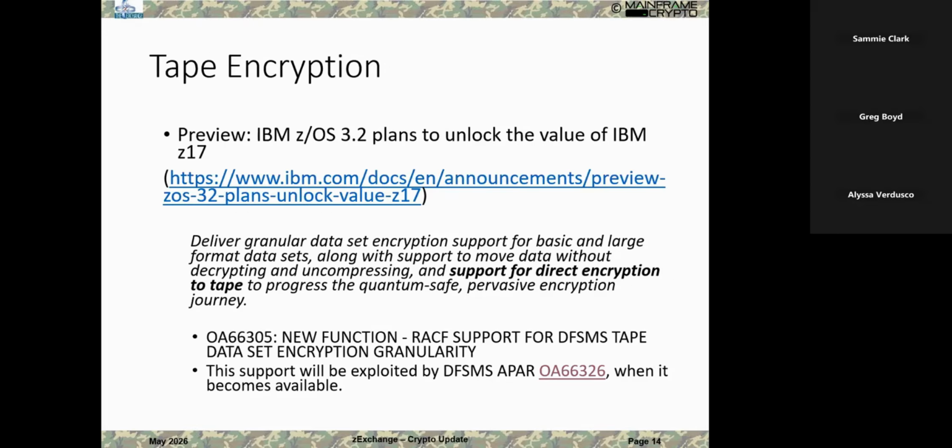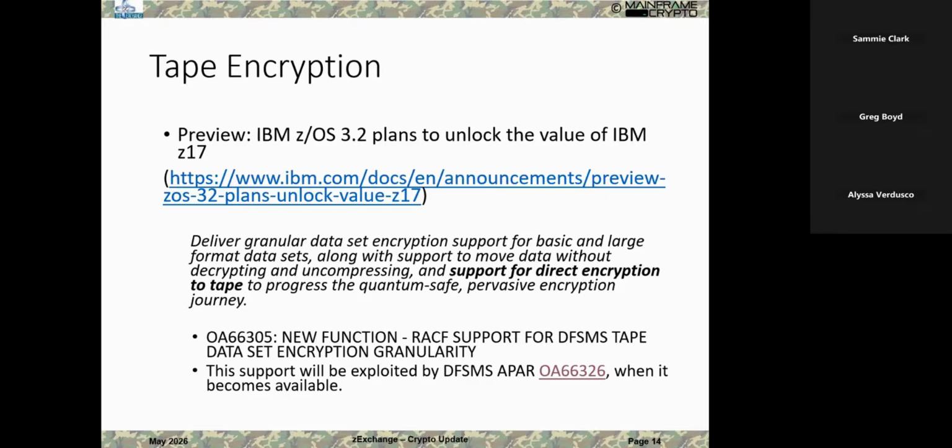So, with that, the last topic that I wanted to talk about is tape encryption. Way back in 2015, I think, was when IBM first announced pervasive encryption and data set encryption specifically. I can remember Mike Jordan at SHARE making the comment that for now, data set encryption is limited to DASD data sets.